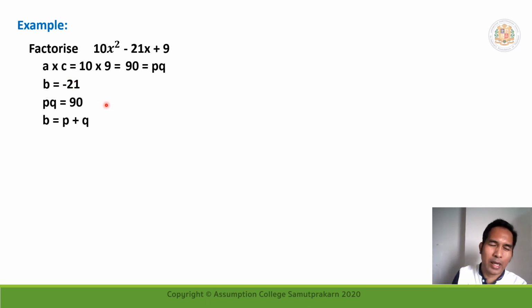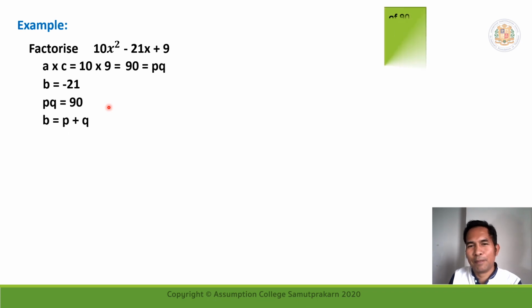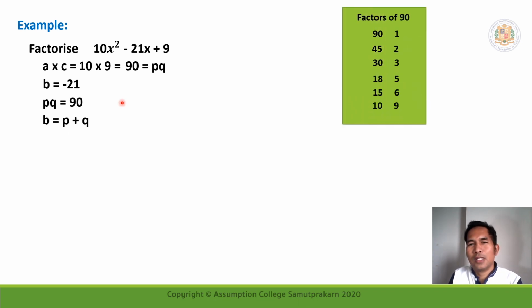Now, let us find the factors of 90. When you look at this side, we have the factors of 90: 90 and 1, 45 and 2, 30 and 3, 18 and 5, 15 and 6, 10 and 9. But if you add them, they will give us b.